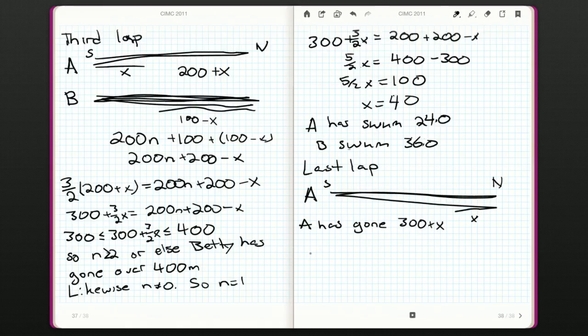Or sorry, her fourth lap, her final lap. What's Betty look like? Well, we don't quite know. It's got to be between her third and her sixth lap. Gone back and forth, and then in order to cross, she has to be coming from the south end of the pool. So she comes back that little distance, 100 minus X.